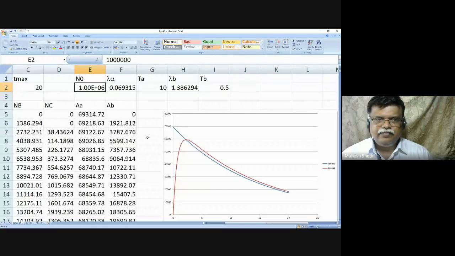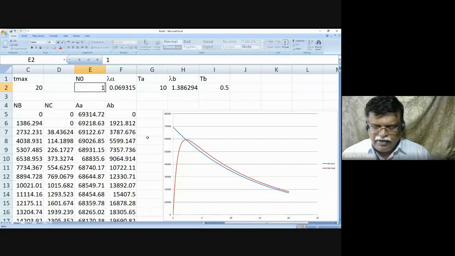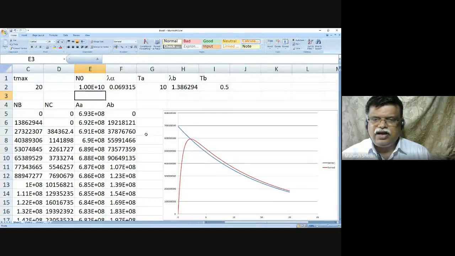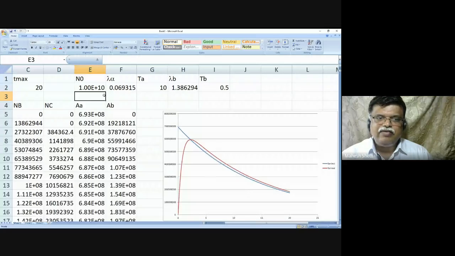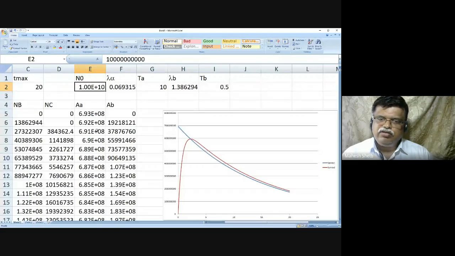If instead of 1 million I take 1E10, the graph has scaled up, but the nature of the graph will remain the same. Everything will now be 10,000 times greater, so activity also will be 10,000 times greater, because the number has increased by 10,000 times.